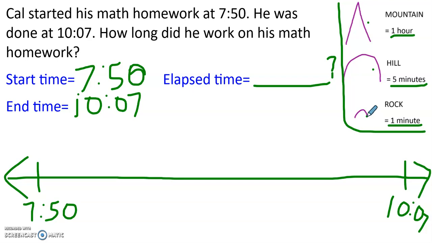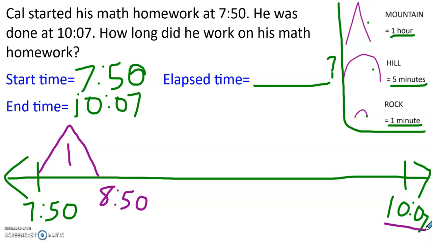At 7:50 to get to 10:07, I'm going to start with hours. I like to start with hours. And I'm going to switch colors. From 7:50, if I add an hour to 7:50, that's going to put me at 8:50. I'm trying to get to 10:07 by making jumps with different increments of time.